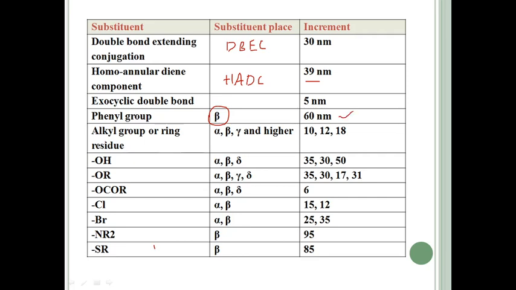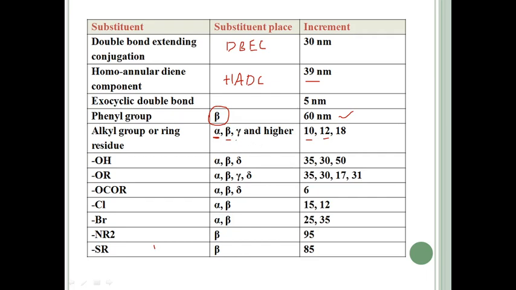Now see the next portion, that is alkyl group or ring residue. If alkyl group or ring residue is present at alpha position, you have to provide 10 nanometer increment. When the alkyl group is substituted at beta portion, then you have to give 12 nanometer increment.